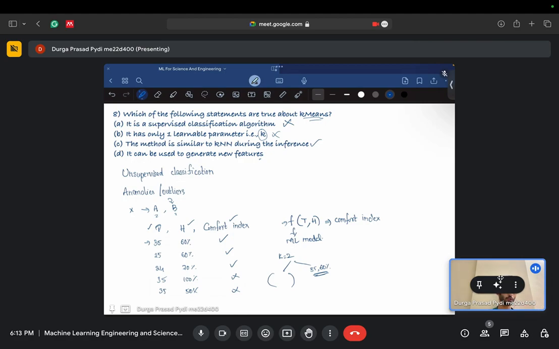So what we will do here is generate another feature from this, say y, which will tell you the reliability of the data or something.